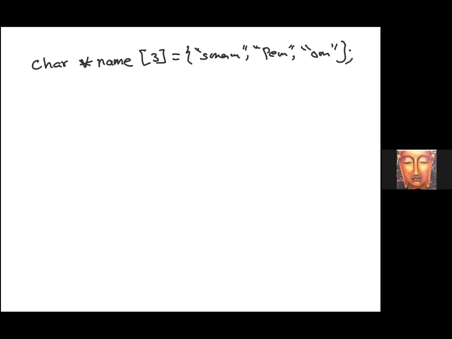Now here, by defining it as a pointer, let's say S is stored at 101. Then you have 1, 2, 3, 4, 5, null is 6, then P would be stored at 107, 7, 8, 9, 10 is null, then here it is O, which would be 11, 12, 13.